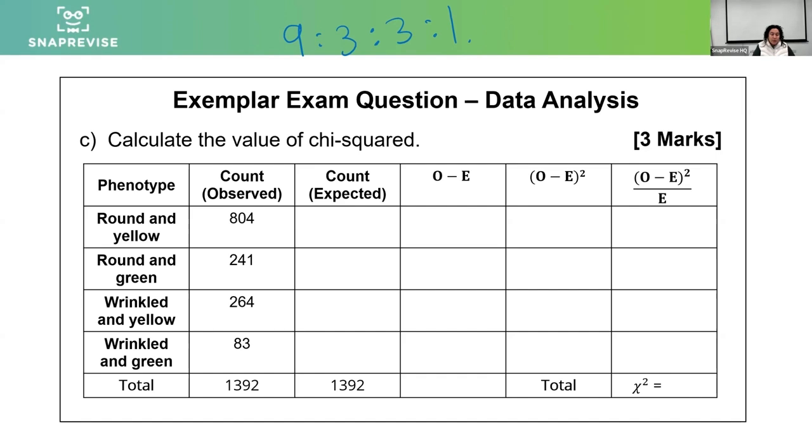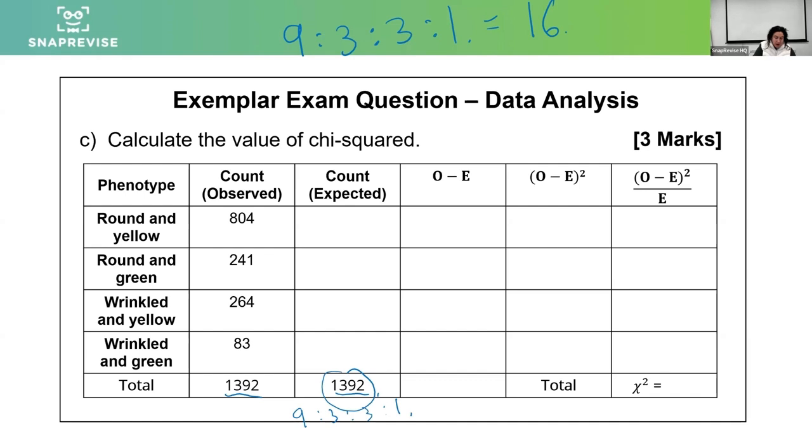In a 9, 3, 3, 1 ratio of expected phenotypes, what are the total phenotypes? If you add all of these up, they come up to 16, right? So the total number of individuals is 1,392, and out of those, they have to fall into that ratio of 9, 3, 3, 1. Meaning what?